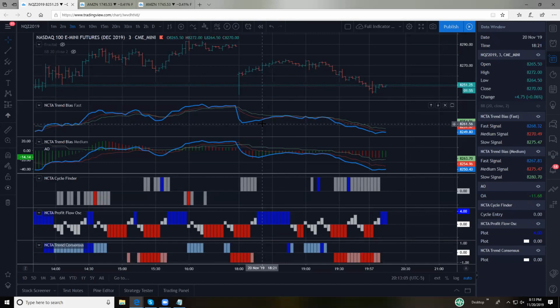But if you want to wait or only follow the direction of the trend bias, there's nothing wrong with that at all. The whole reason we created the trend bias was to have a way to more clearly see the likelihood that it's going to continue moving in that direction or move in a different direction.